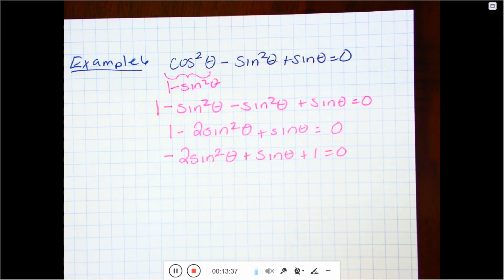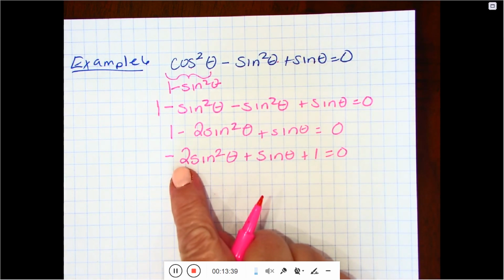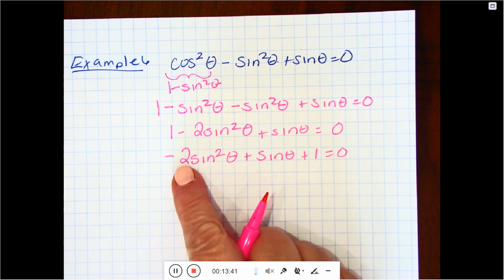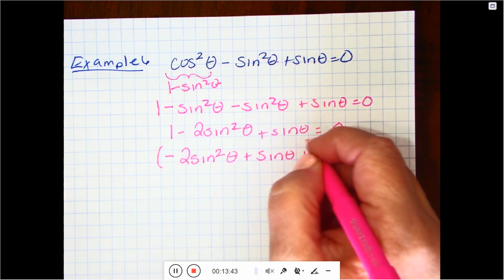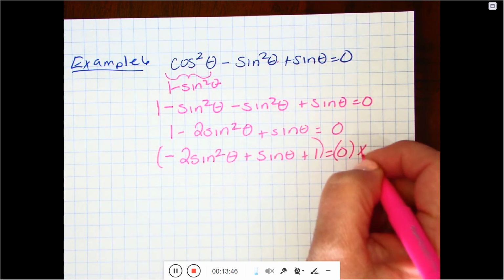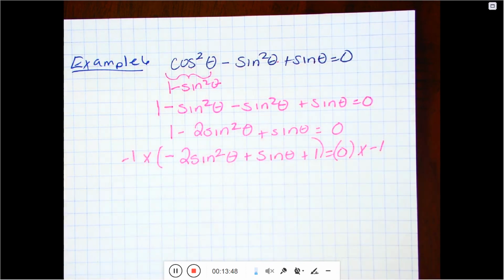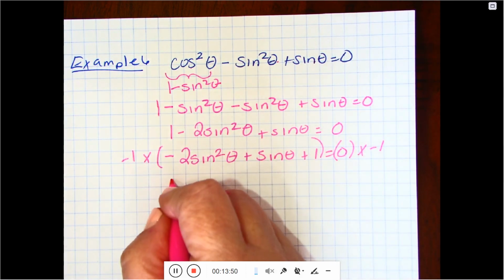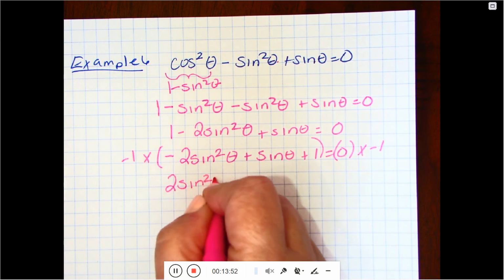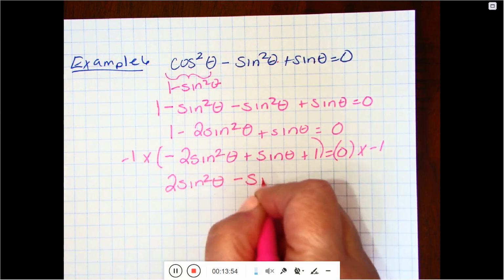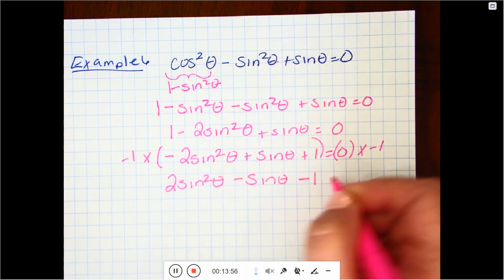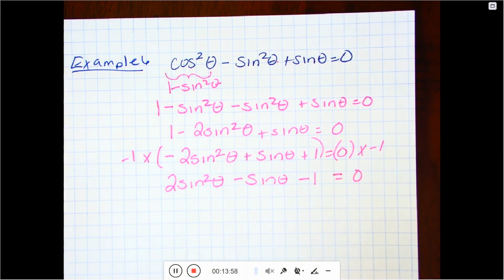And I'm going to try to factor it, but I never like factoring where the leading coefficient is negative. So I'm going to multiply both sides of my equation by -1. So that's going to give me 2 sine squared theta minus sine theta minus 1 equals 0.